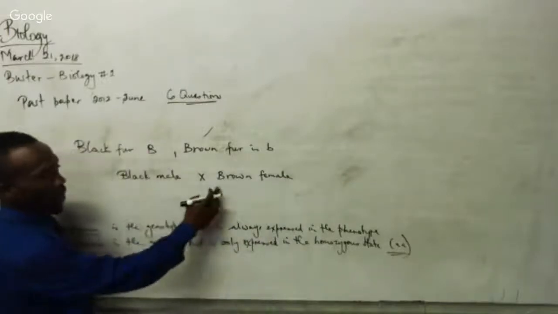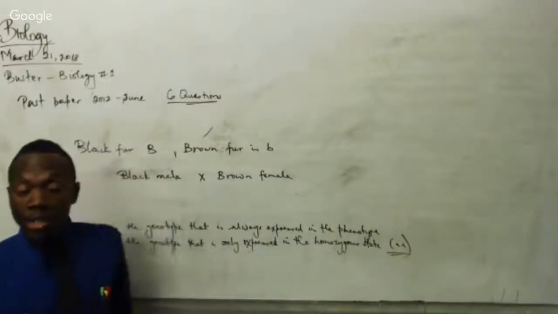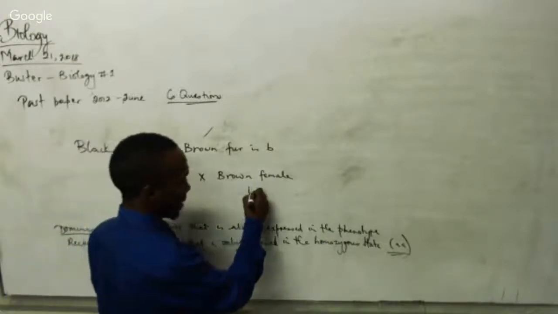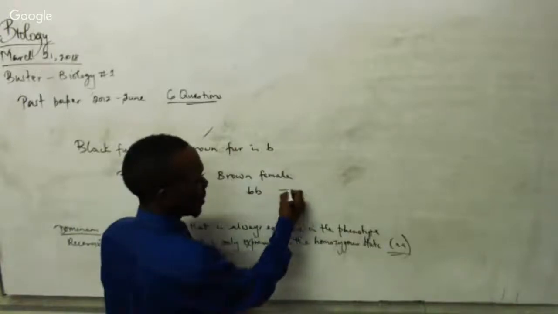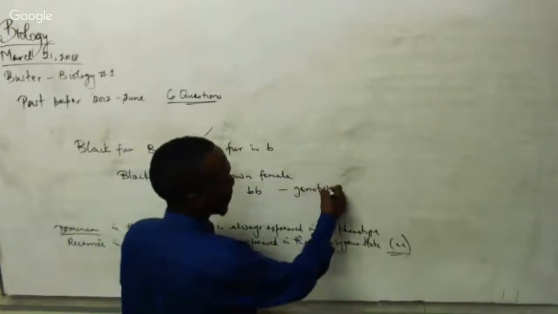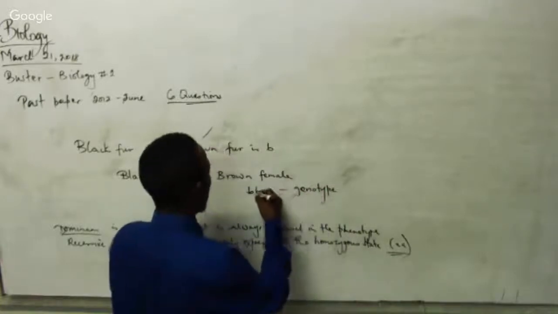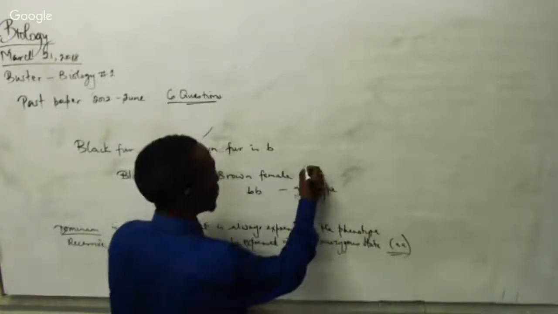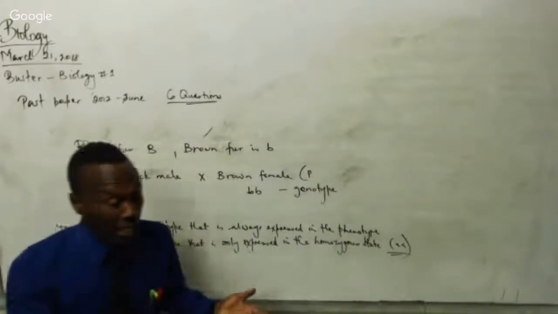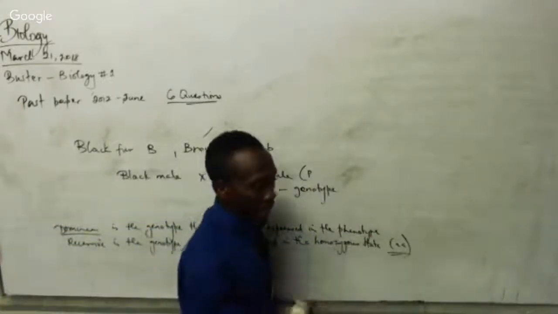Now, if it's a brown female, obviously her genotype is going to be small b, small b. So this is her genotype. Up here is the phenotype. The fur color is the phenotype, the physical expression, you see it, right?